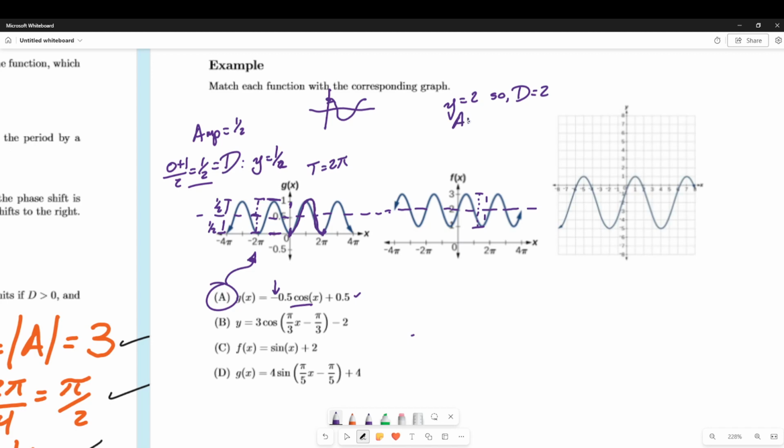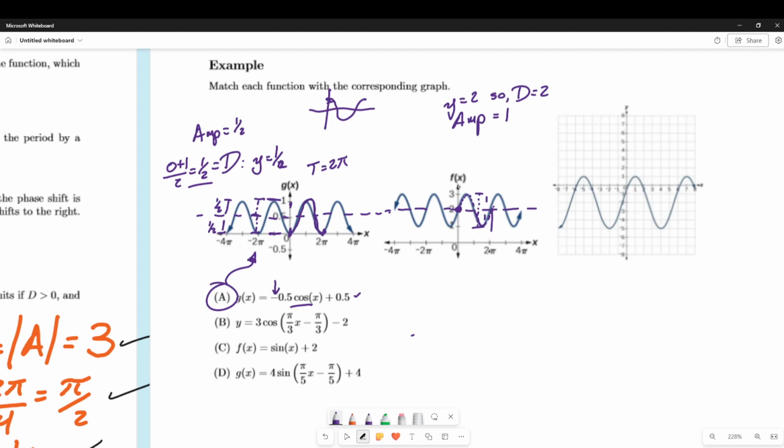So our amplitude is 1. We can start at that nice center line and do one oscillation, so I would expect it to use sine without a phase shift. It does go upward, so I'd expect this lead coefficient to be positive.